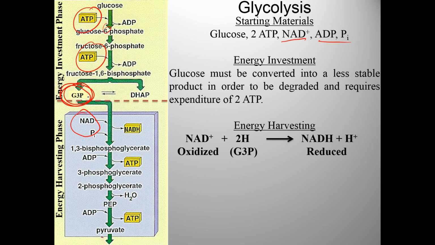NAD+ picks up electrons from G3P, and the G3P molecule becomes oxidized. And the NAD+ molecule, when it accepts the electrons, becomes NADH, and it's reduced.